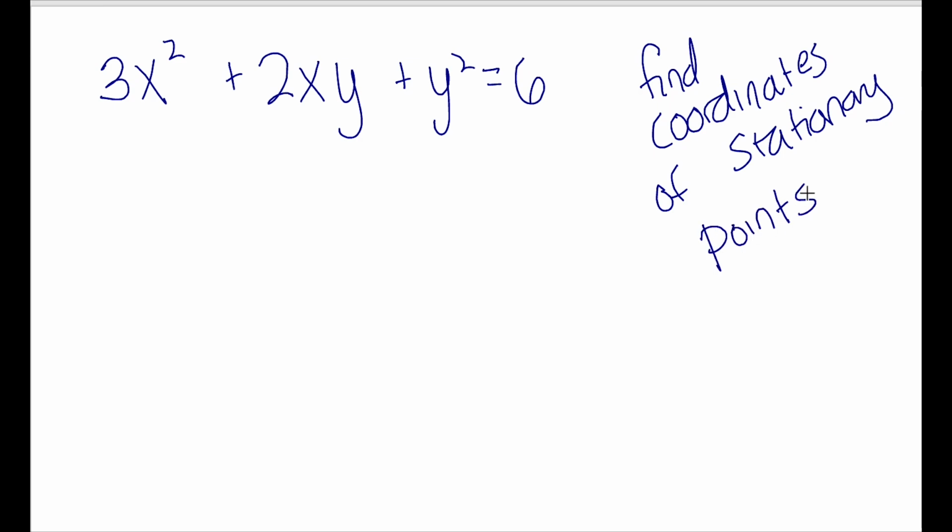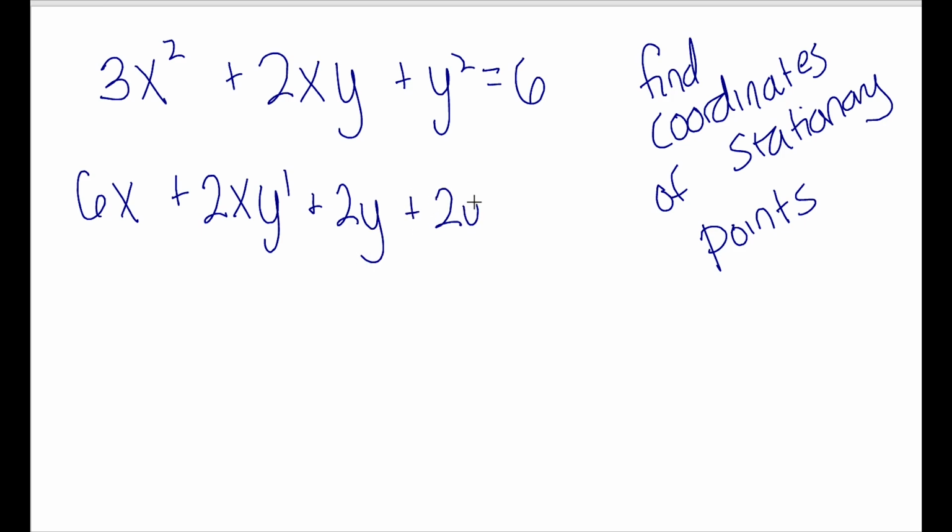So the problem starts off the same way we did the last one. You get 6x plus 2x y prime plus 2y plus 2y y prime equals 0, since the derivative of a constant is 0.